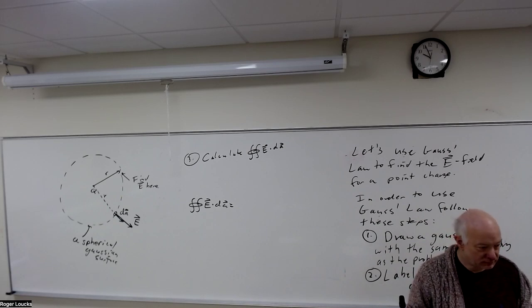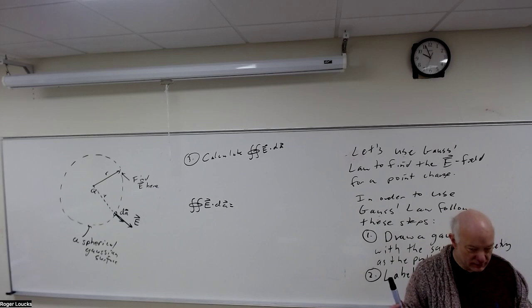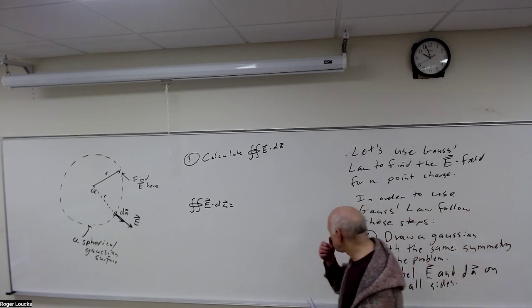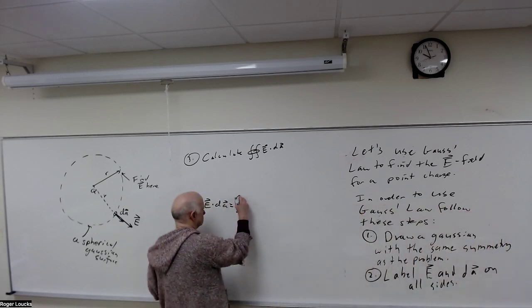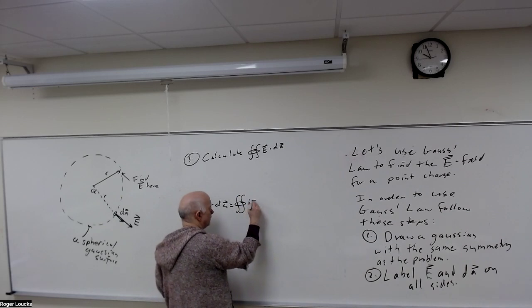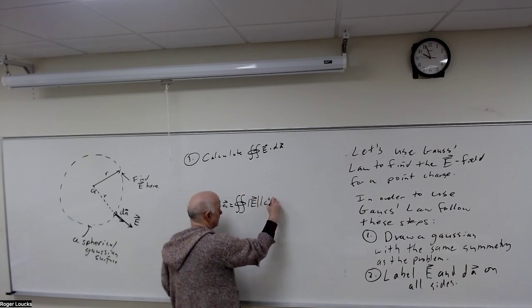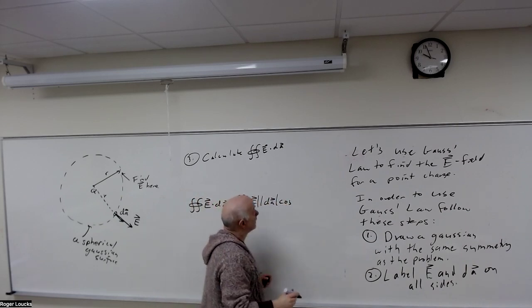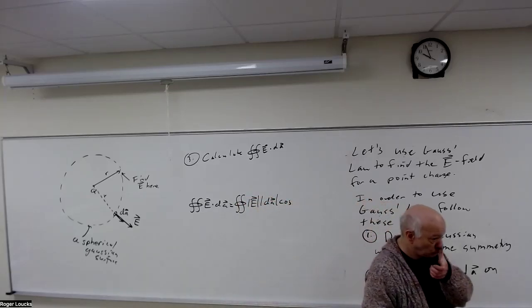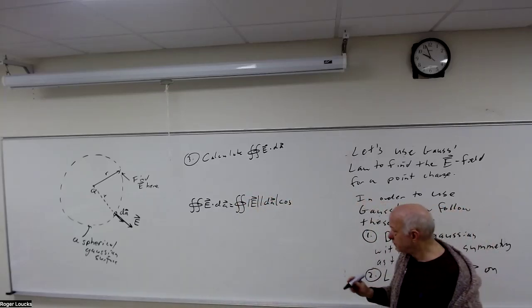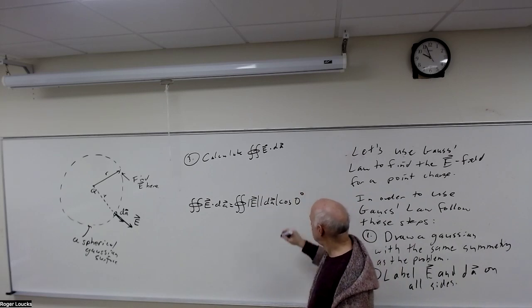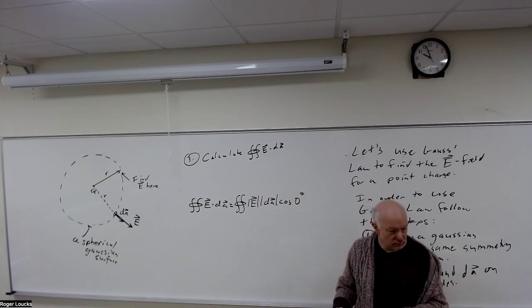Magnitude of E, magnitude of dA, times cosine of the angle between the two vectors. Cosine of what angle does that E make with dA? 0. What is the cosine of 0?